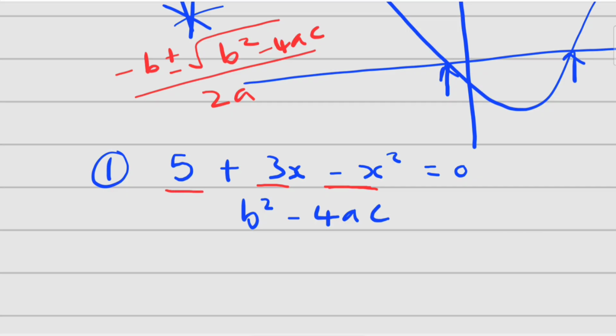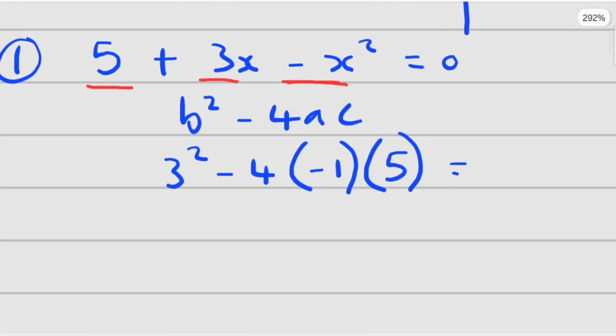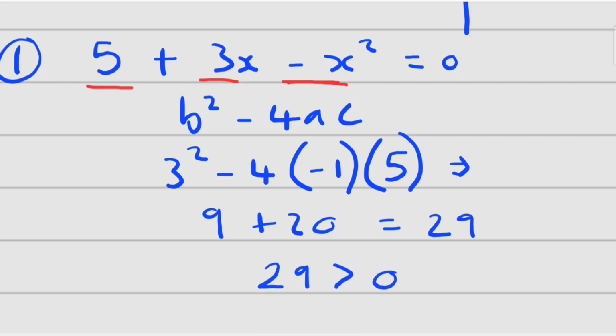So our b squared in this case will be 3 squared, and our a will be minus 1, then our c is 5. And so this will come down to 9 plus 20.